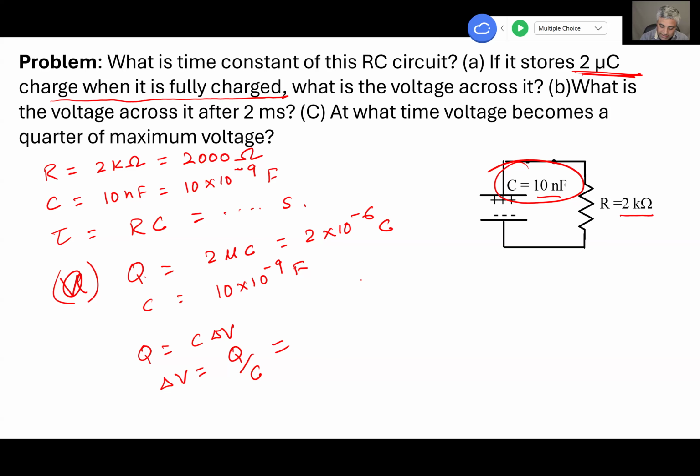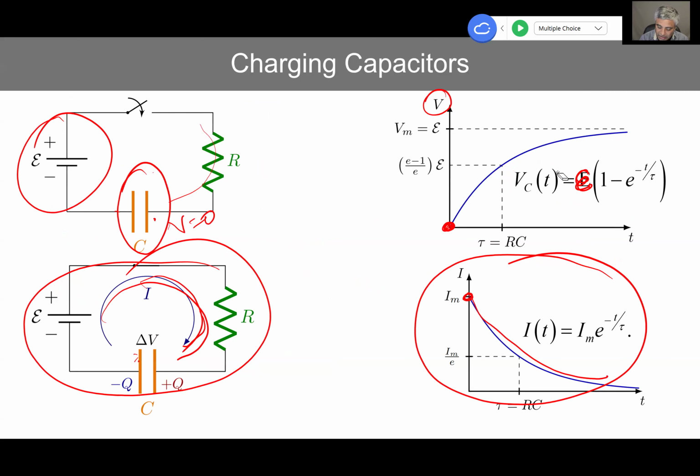Now in part C, it says, at what time t does the voltage become a quarter of the maximum voltage? Quarter means I should be writing 4. For that, we want to use this equation, to see how the voltage is changing here.